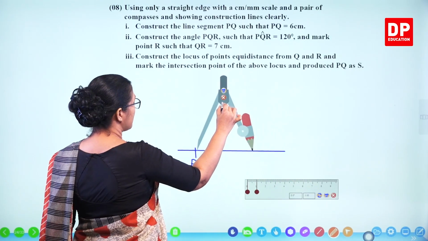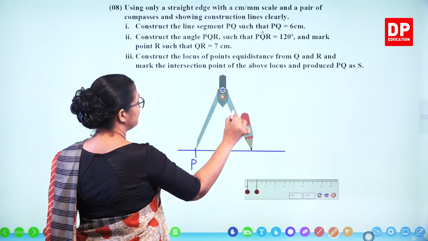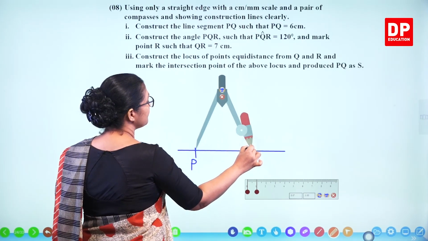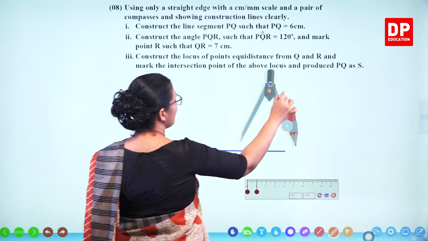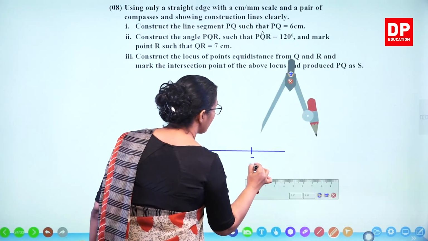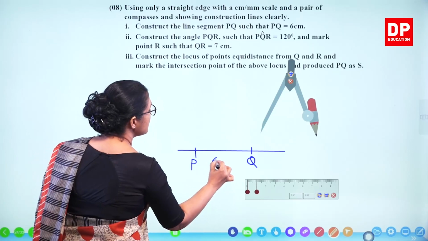So you can mark the Q point. Six centimeters.